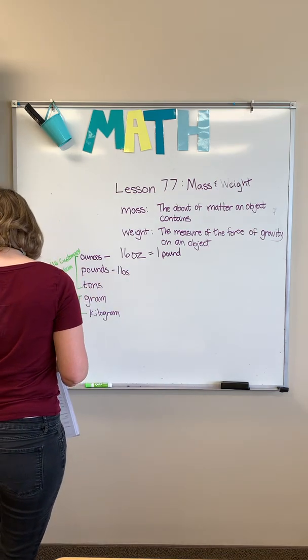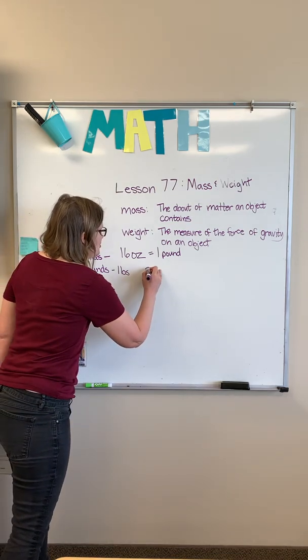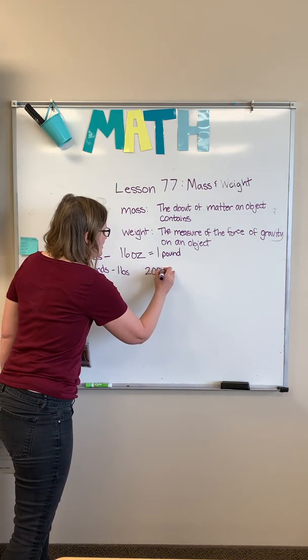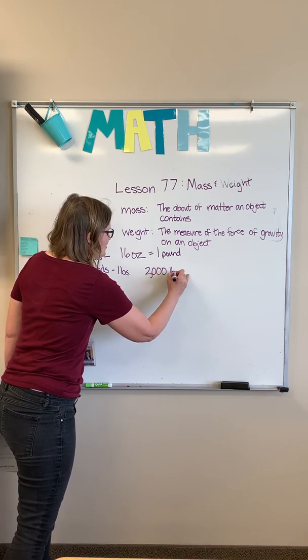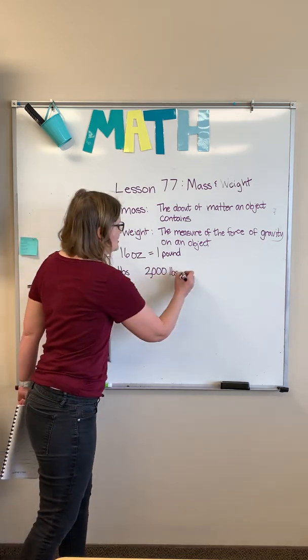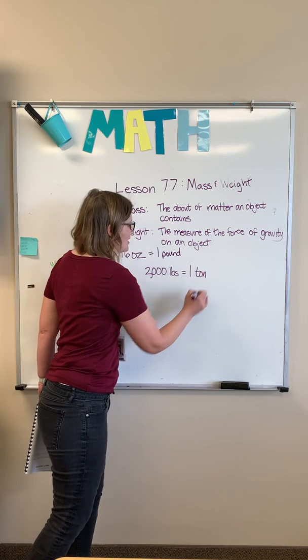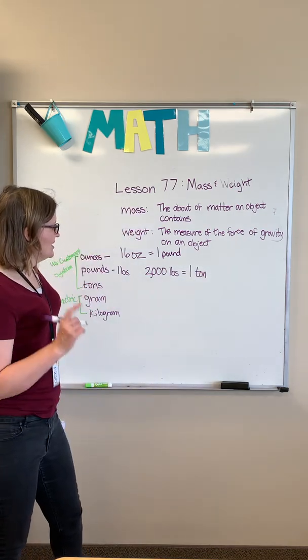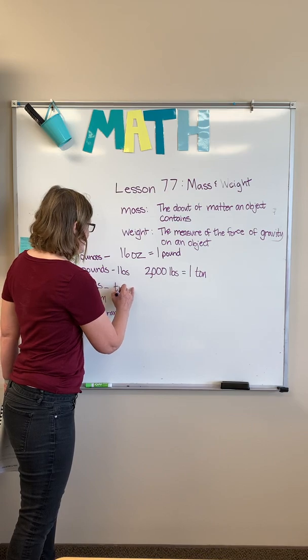And when we're getting into that, we have 2,000 pounds. LBS is pounds. That actually equals the measurement of 1 ton. And a ton can be abbreviated by this.